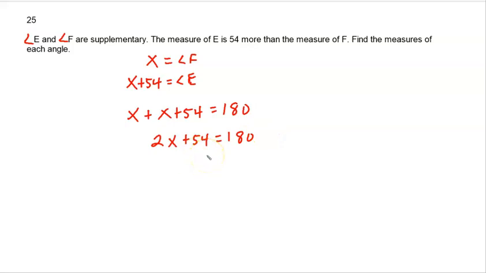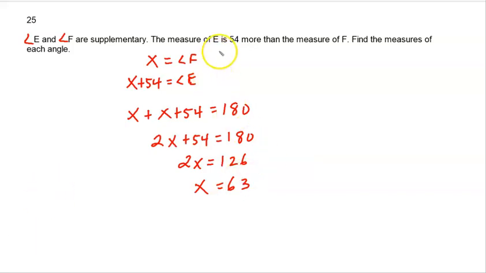So we subtract 54 from both sides. 2x is equal to 126. And so x is equal to 63. And we called x the measurement of angle F. All right.